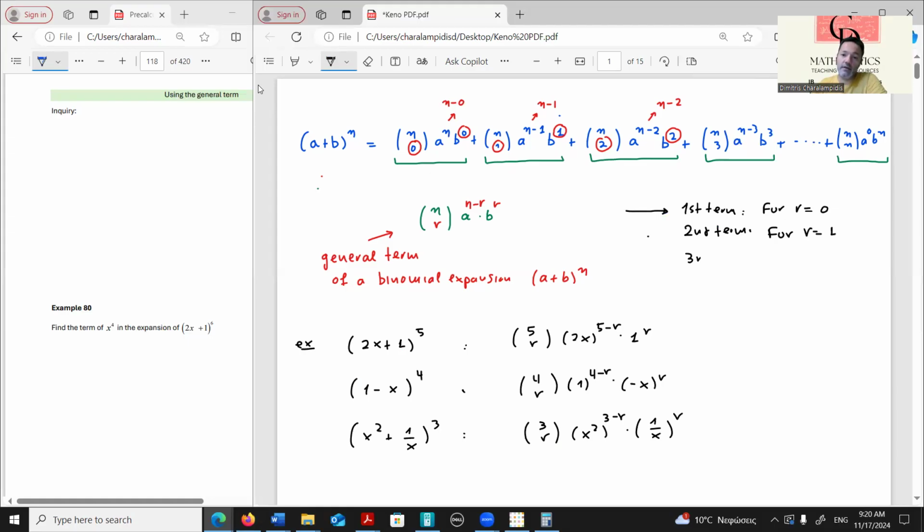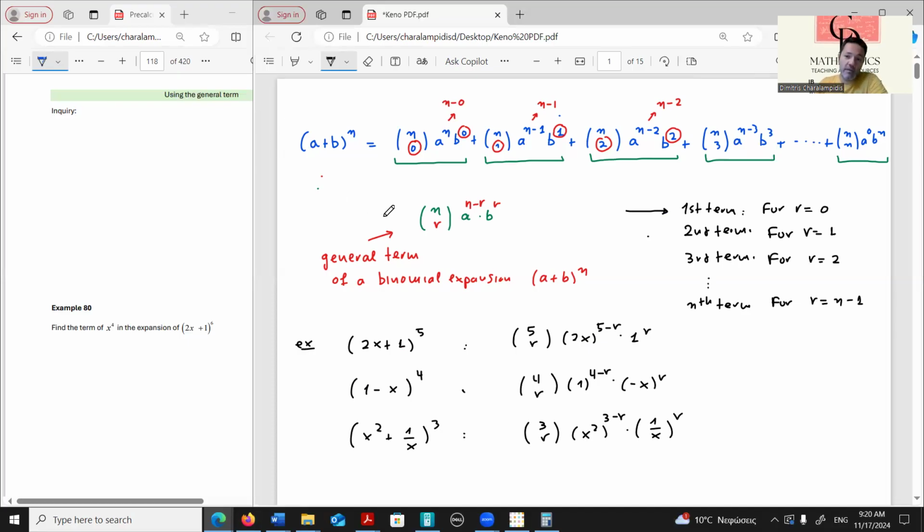The third term was found by substituting r equals 2. So in general, in order to find the nth term, we should go to the general term's expression and substitute n minus 1 instead of r.